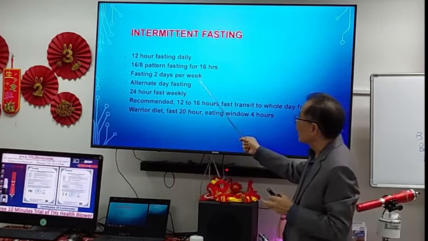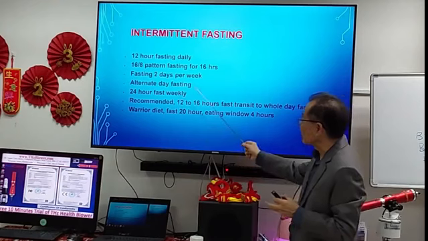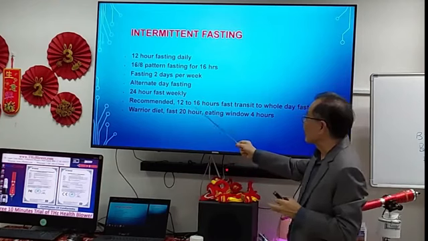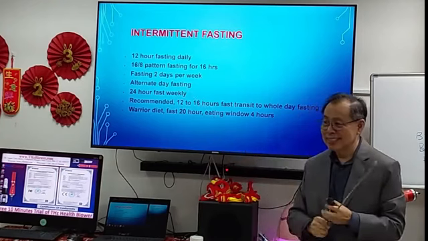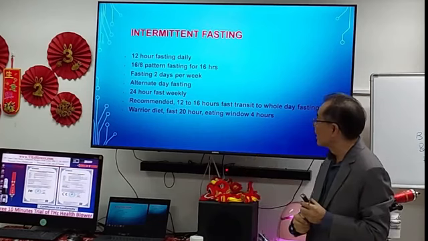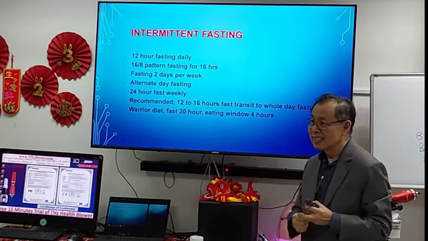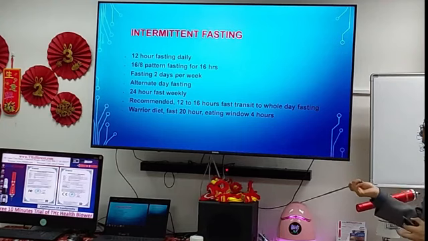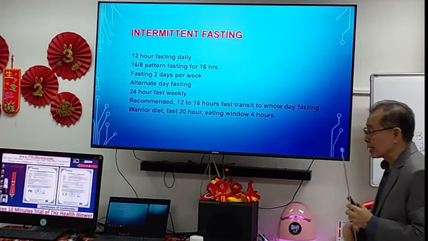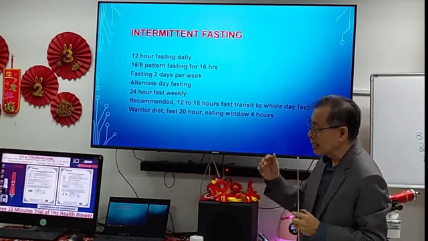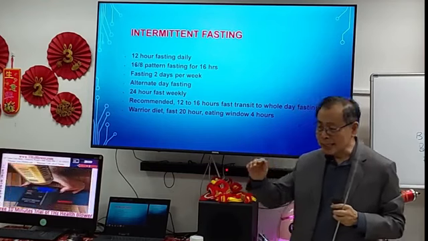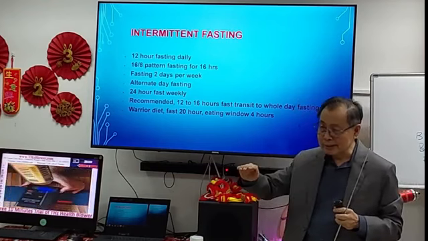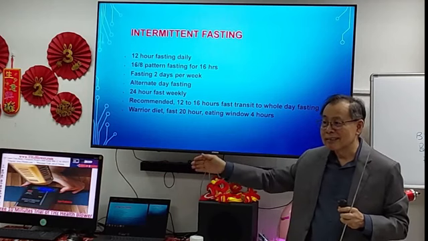Or you fast for 2 days a week, or you fast alternate days, or you go for a 24-hour fast once or twice a week. Various patterns you can try. Fasting is healthy because they find that mice that fast live longer.